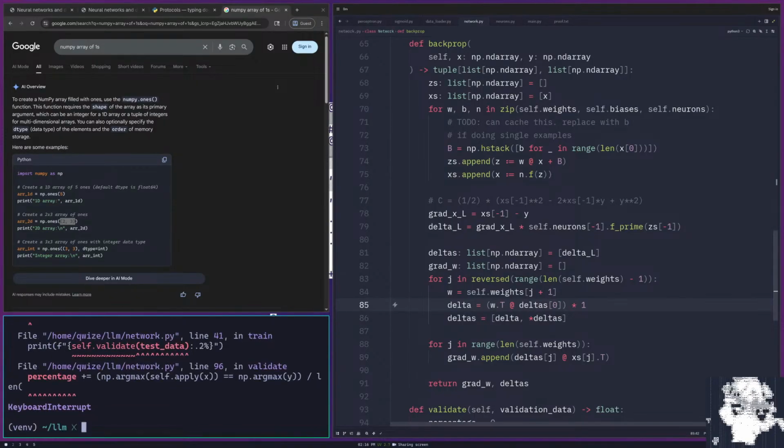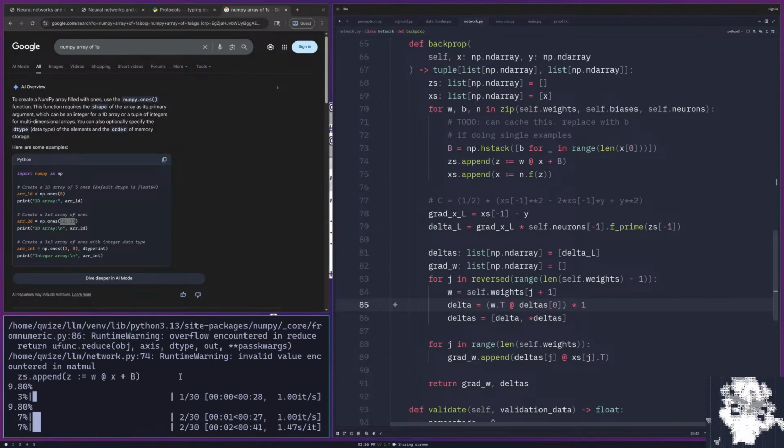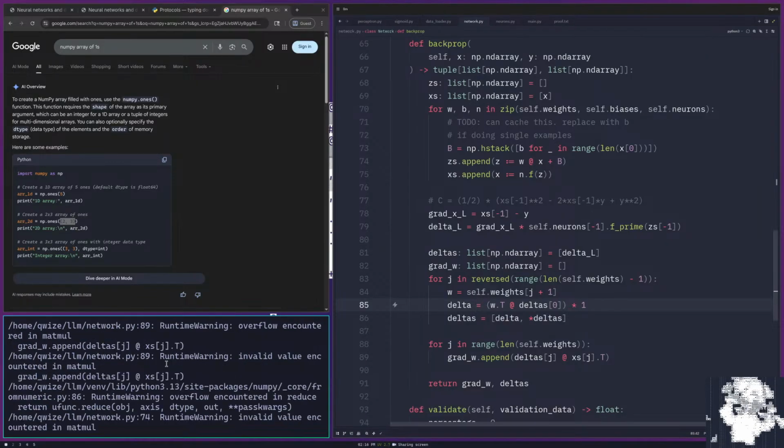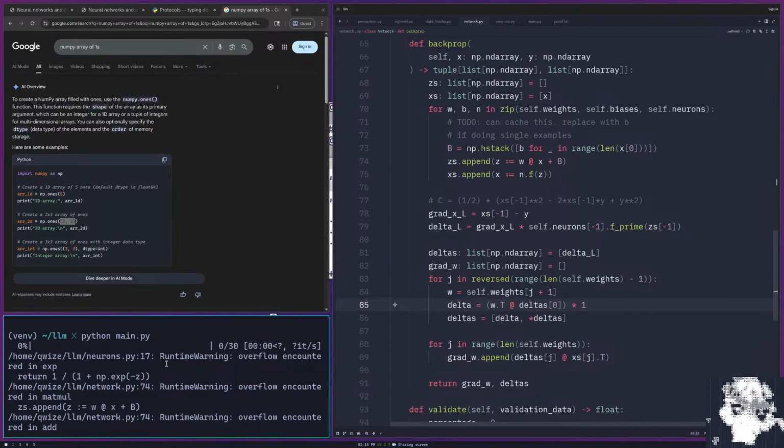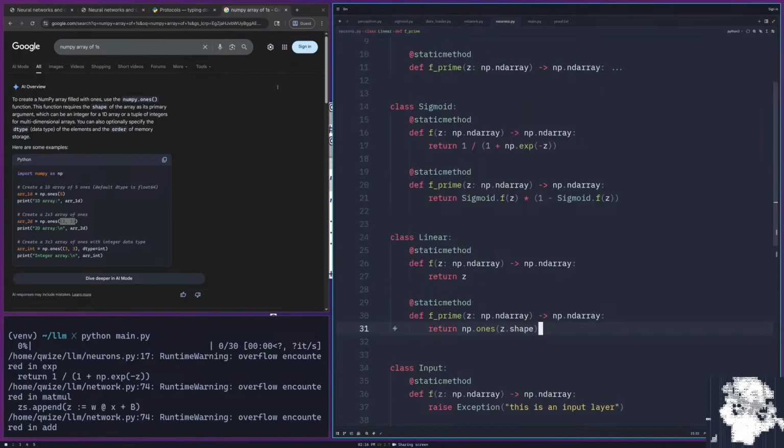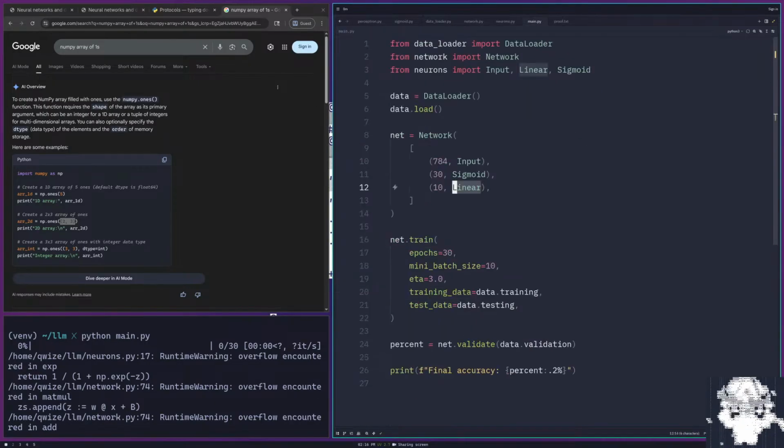No. Something's messed up. What's wrong? Bunch of overflows, which were not happening when everything was a sigmoid.